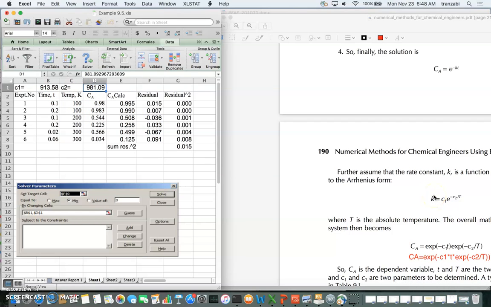So now you know how to fit any curve to any set of data points using Solver. That's called regression. So if next semester any of the professors ask you to do this regression or fit this line to these data points, you should be able to do it with a spreadsheet using Solver. Okay, so you know how to do the fit. You know how to solve nonlinear equations.